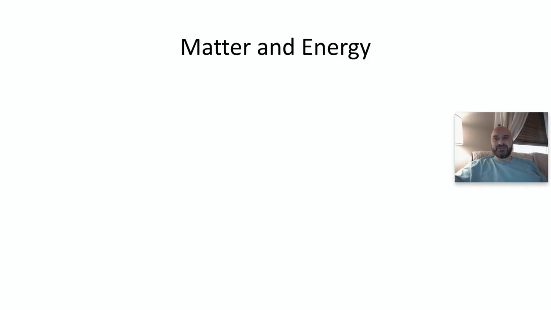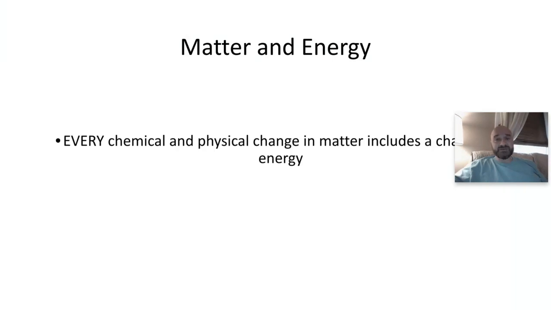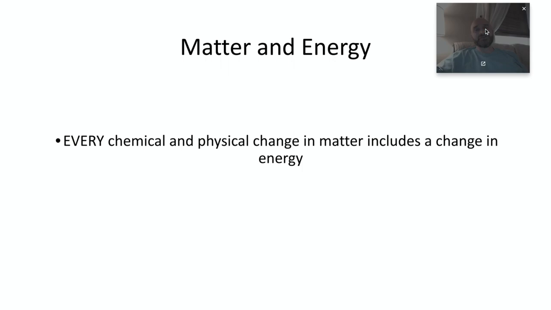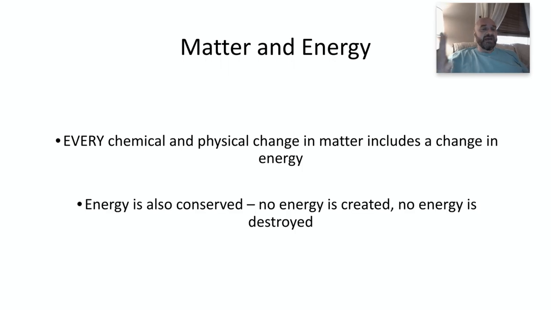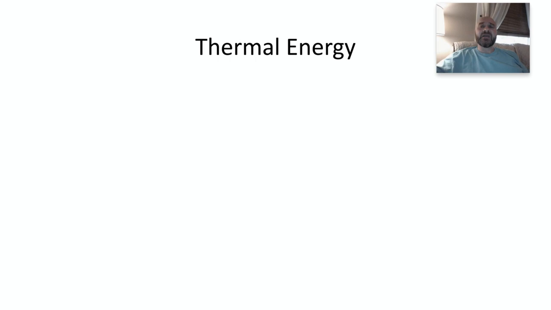All right. The book is going to have a little section at the end on the relationship between matter and energy. Every chemical or physical change in matter also includes a change in energy. Energy is also conserved. That means that no energy is created, no energy is destroyed, but that's more for chapter 9.